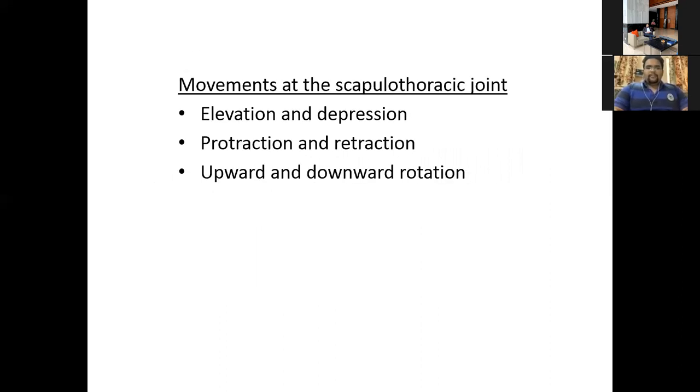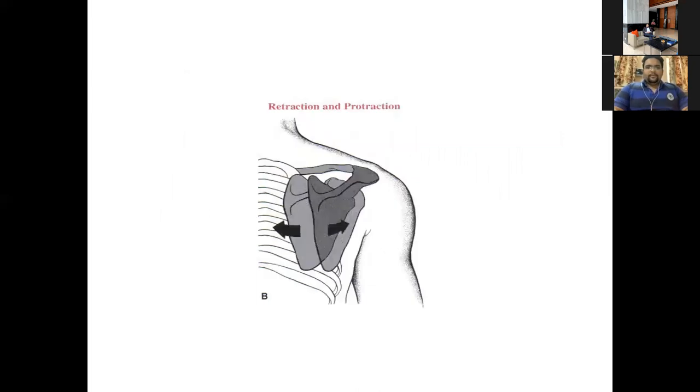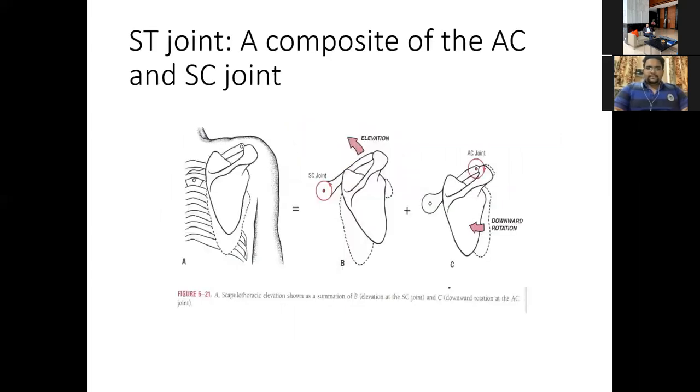The movements occurring at the scapulothoracic joint are elevation and depression, protraction and retraction, and upward rotation and downward rotation. Now we will study some of the movements in combination, how AC and SC joint movements in summation cause movement at the ST joint.